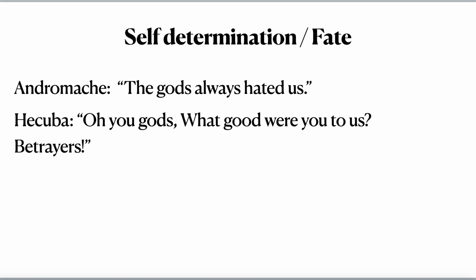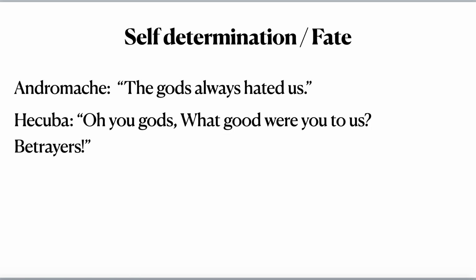So the play begins with a discussion between the gods, and throughout the play, the women return to this question of how much have the gods helped them, or how much do the gods control their lives.